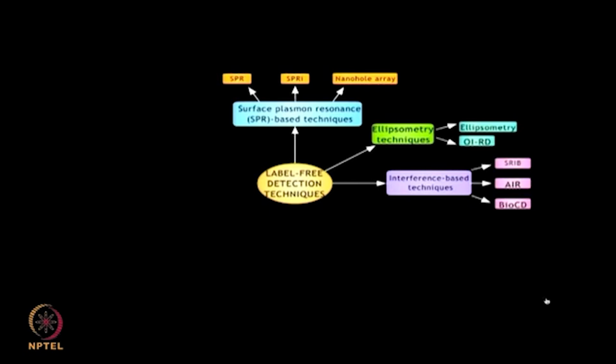Interference based techniques. Interferometry is based on the principle of transformation of phase difference of wavefronts into recordable intensity fluctuations known as interference fringes. The various detection strategies that make use of this principle include SRIB, AIR and BioCD.